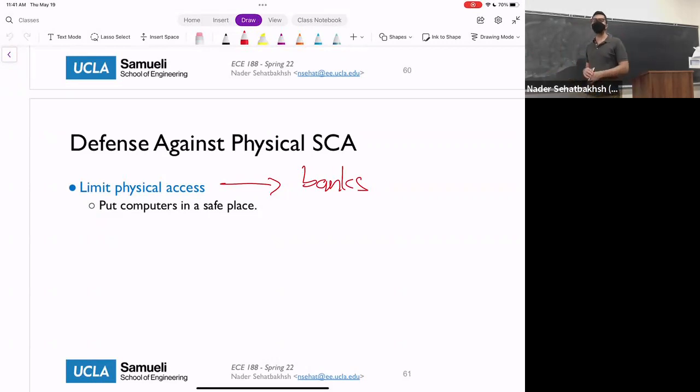A similar story can happen for computers as well, right? So if you have sensitive things stored in the computer, think about it as a piece of jewelry that you need to protect. Put it in some sort of a safe, make sure that nobody accesses it except the people you trust, and so on and so forth. This works for very sensitive scenarios, but when we are talking about our smartwatch and our laptop and so on, that wouldn't be feasible.